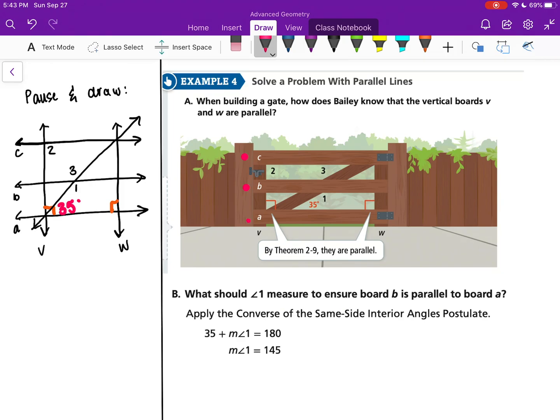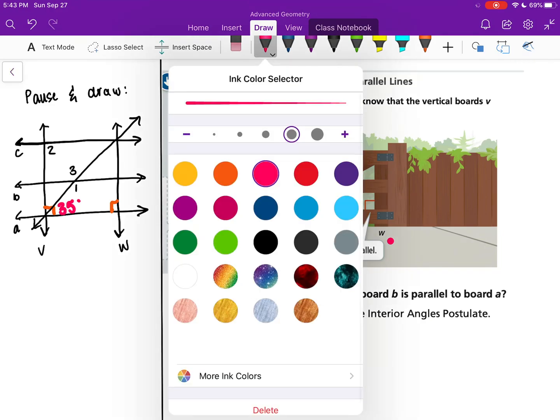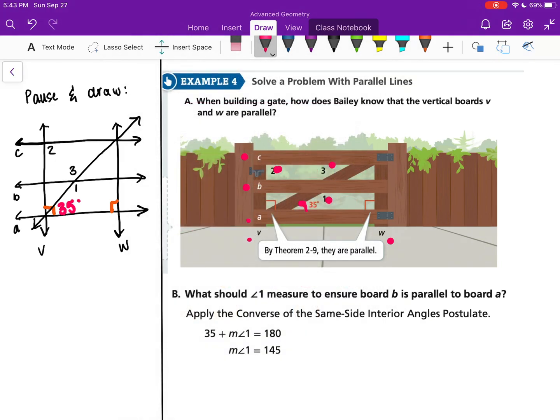We're given 2 vertical lines, V and W. We are given these 2 right angles between A and V and W and A. We're given an angle 1, an angle 2, and angle 3, and we're told the measure of this angle. So I have written all that down in this figure for you if you want to just pause and draw that and use that instead of referencing this picture of a gate.